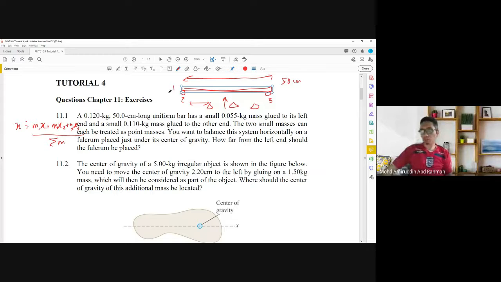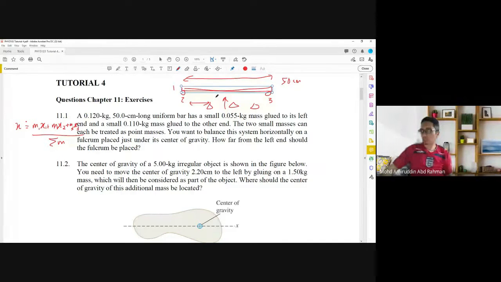Of course this is zero for this uniform bar, because you consider the center of gravity over here at the middle, so it is zero.